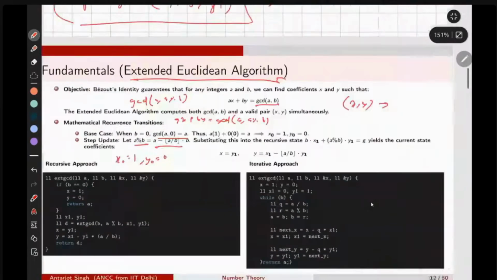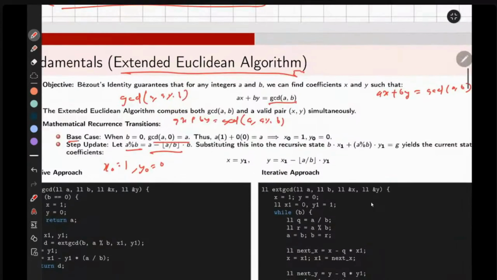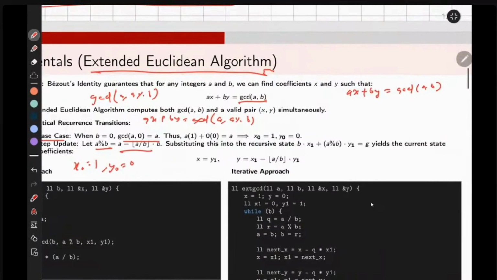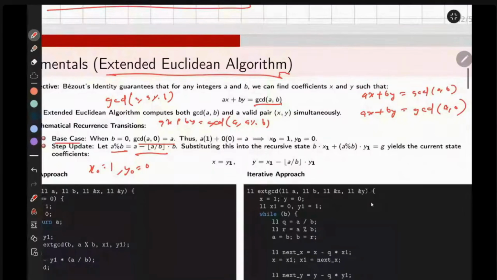What we actually did here is that you have a solution equation like this. If you think from a backwards point of view, if the value of b is 0, how are we getting our x and y? That is why it's a base case. So we are finding the solution when b is 0, and we have the solution x as 1 and y as 0.